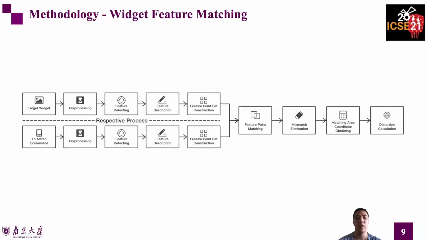Then, the 2 feature point sets are matched, and the extra mismatch elimination is also conducted to improve the matching accuracy. Then, the coordinates of the matching area are obtained. Specifically, the SIFT algorithm is used in our implementation, though other similar algorithms are replaceable.